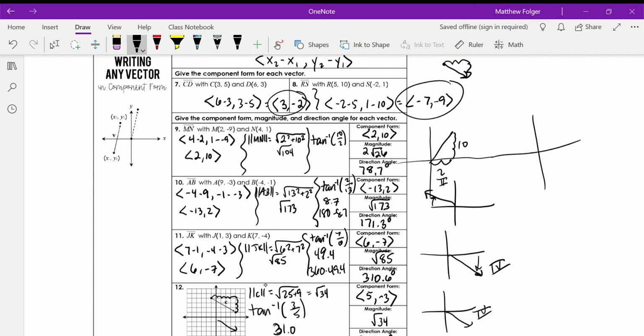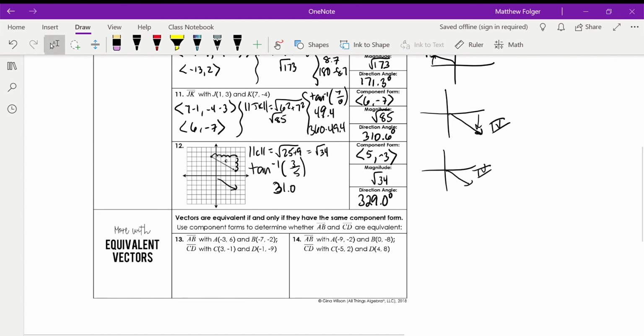Even though they have different points, they both have the same x value and same y value. So the component forms are the same, which means that those vectors are exactly the same. They are equivalent to each other. So if I can show that the component forms are the same, that makes it show that they are equivalent. They are equivalent if they have the same component form.